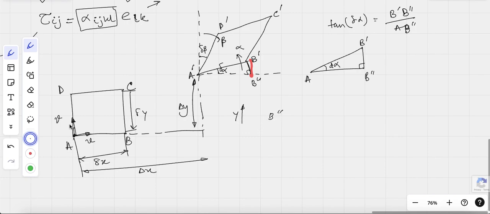It will be some v. The v will have a gradient of dv dx in the x direction.